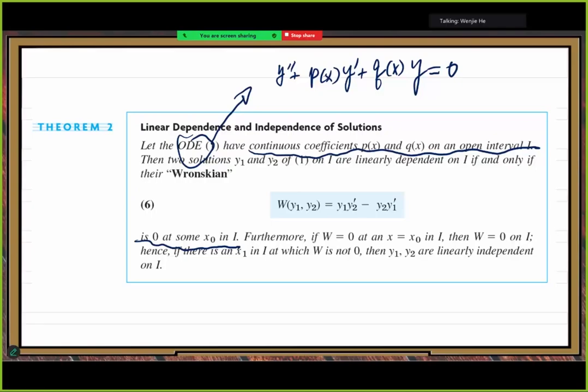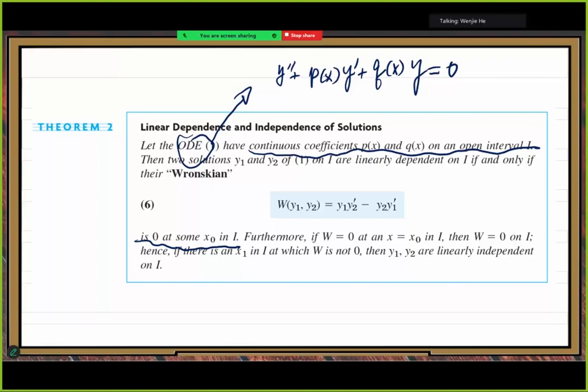Why? Because it comes from linear dependence. I want to emphasize that this property looks quite special. Why can one zero force the whole W function to be 0 on the whole interval?